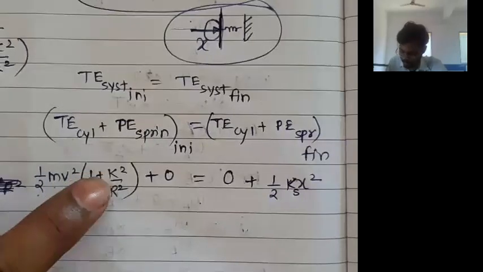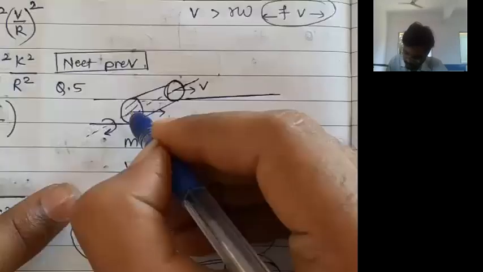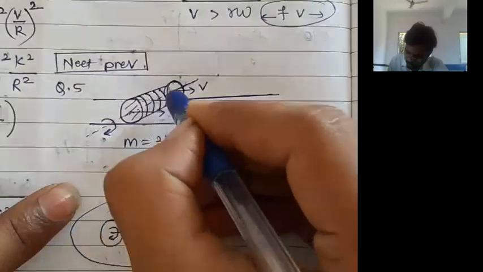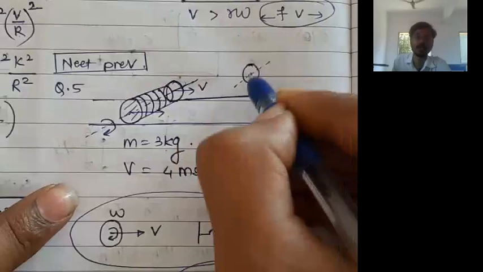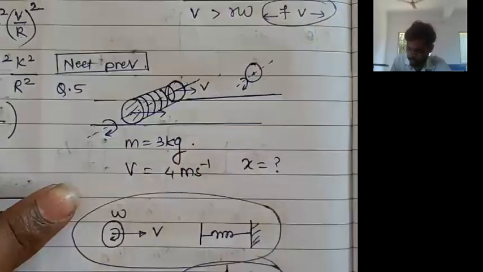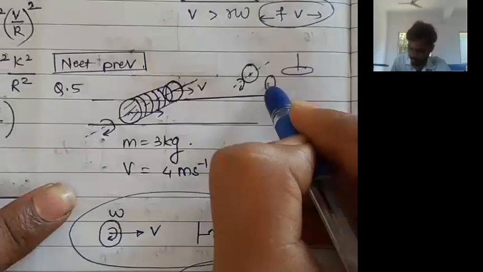Cylinder means ultimately disk over disk over disk, n number of disks. So what is the formula for moment of inertia of the disk about the axis passing through the center and perpendicular to the plane? It is 1/2 mr square. You may draw the disk like this and the axis like this, or the other way.